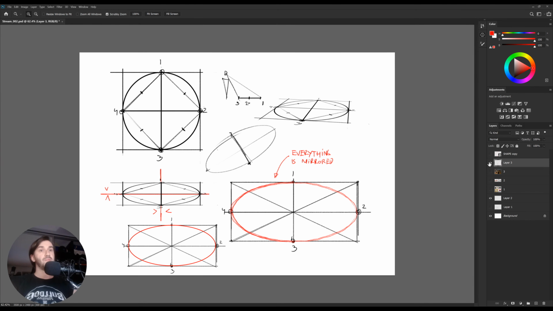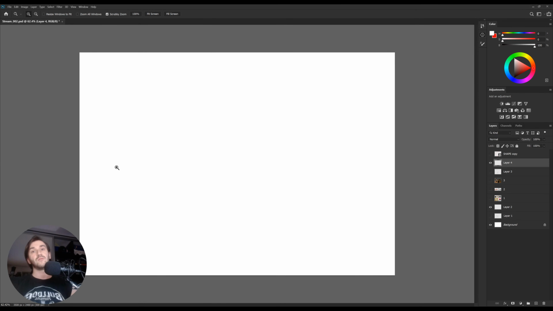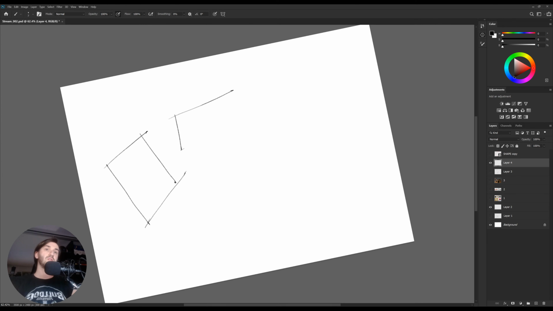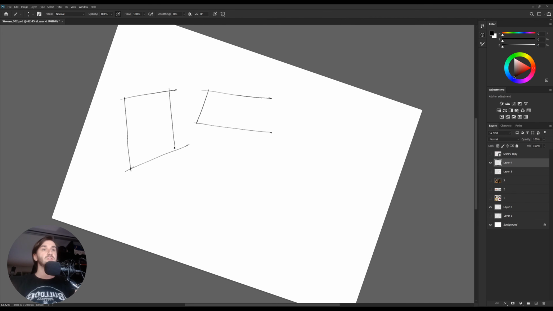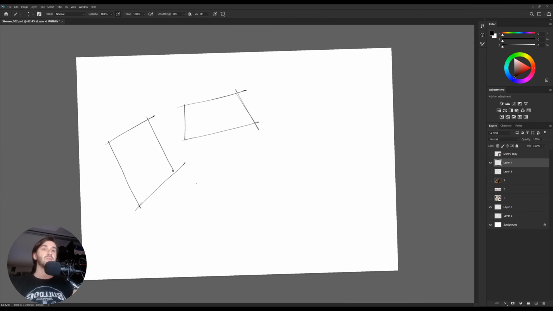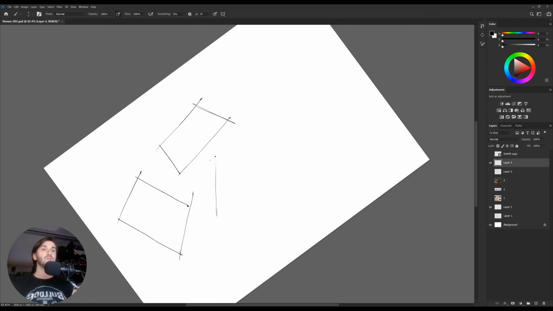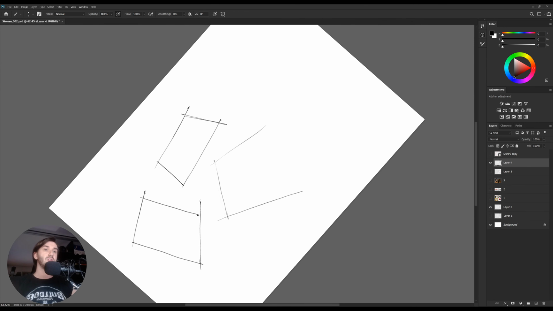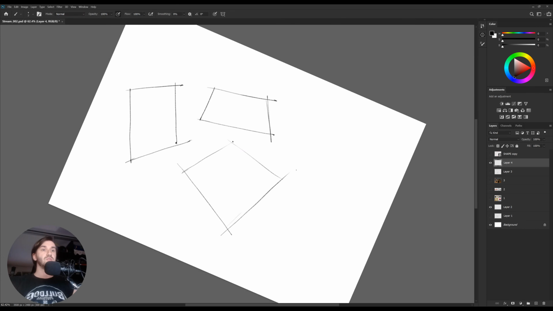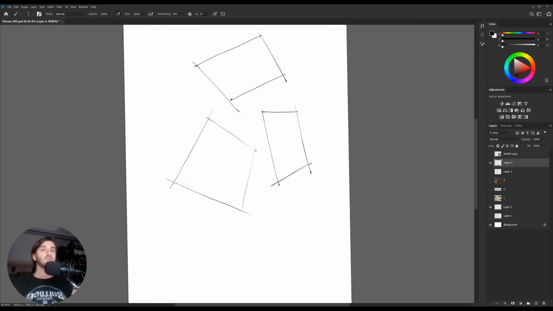So basically, one of the greatest exercises that you can do for ellipses is to draw a lot of different planes in different perspectives and whatnot, just to train drawing lines. And as you can see, as I said, the quality is not the best, and everything that you will be doing like this, in my opinion, should be drawn freehand, without any rulers, without anything to help you, basically to train your skills in a good manner.